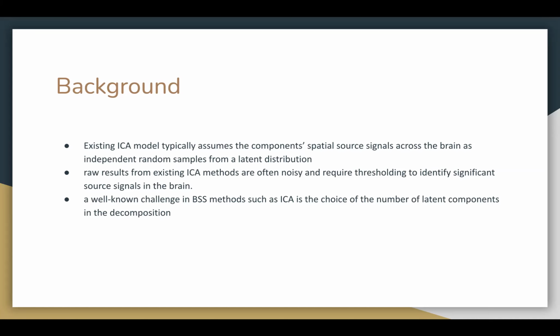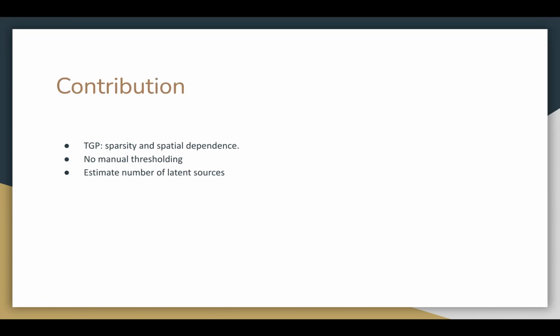Everything is still based on a lot of engineering or biological work to decide which components matter. Because Infomax works directly on reduced dimension data, deciding the number of components is a challenge. It's not something Infomax can solve. But this paper's Bayesian method can decide how many latent sources using some computational tricks.